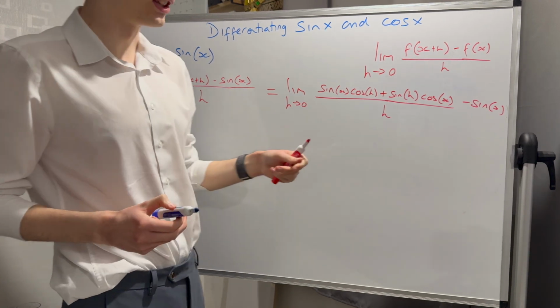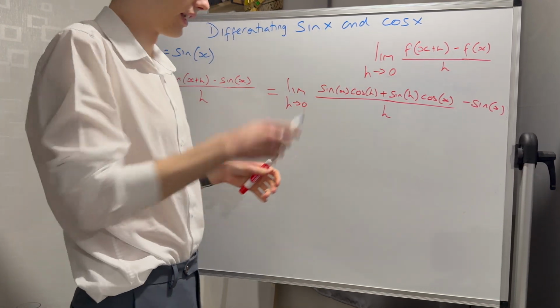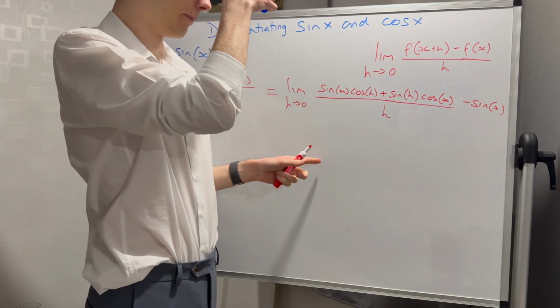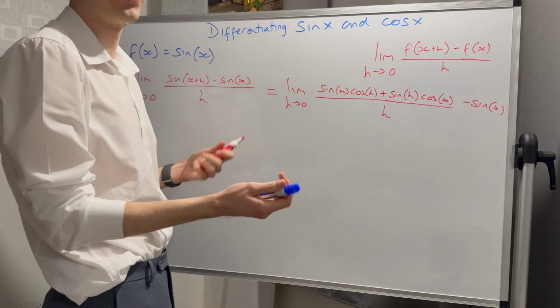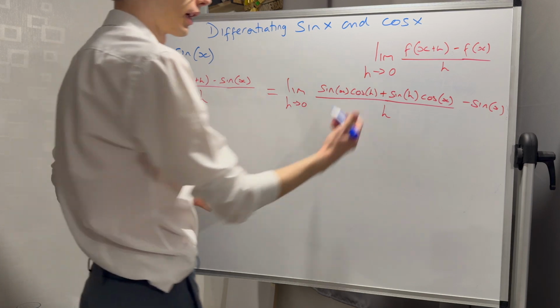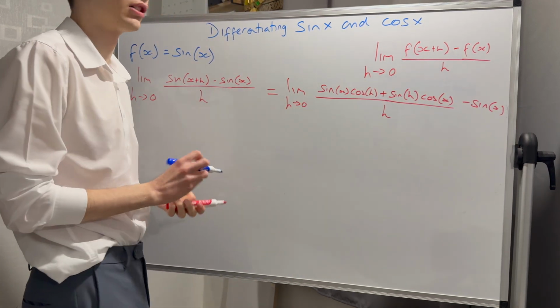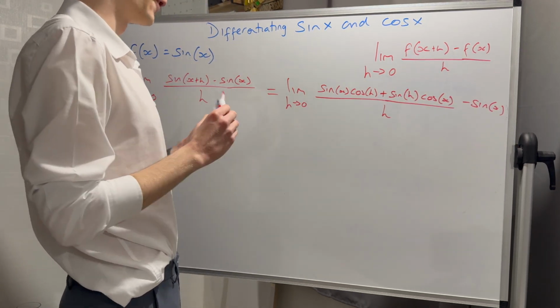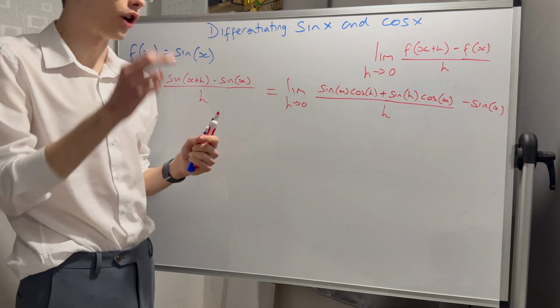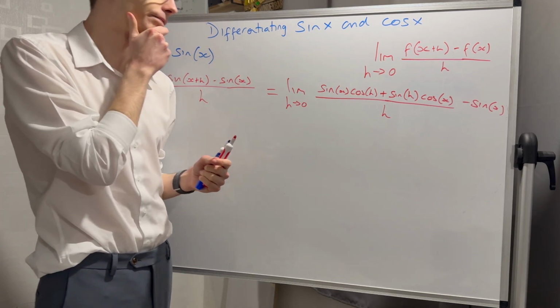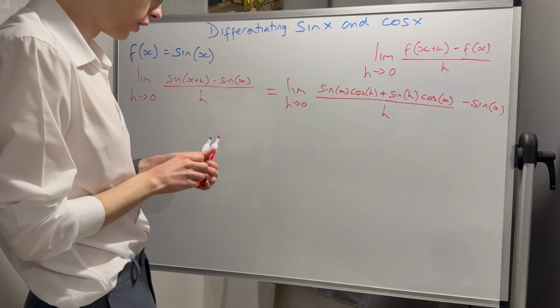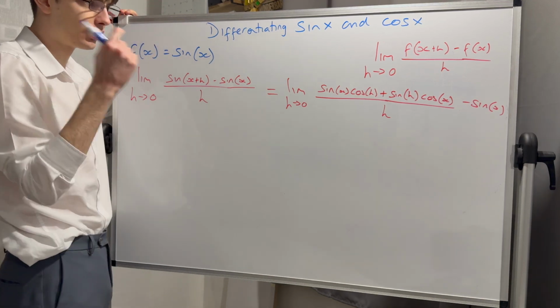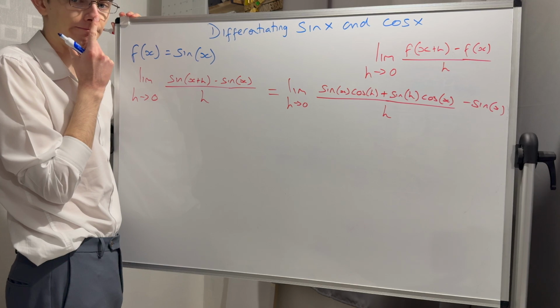Now, once again at this point, you might want to pause and think, what do I do here? Because it's not like in the last examples with first principles where I can start cancelling some h's and I just have something nice and easy left over. So there are two tricks that I'm going to want to employ here. The first one is this idea of a small angle approximation.